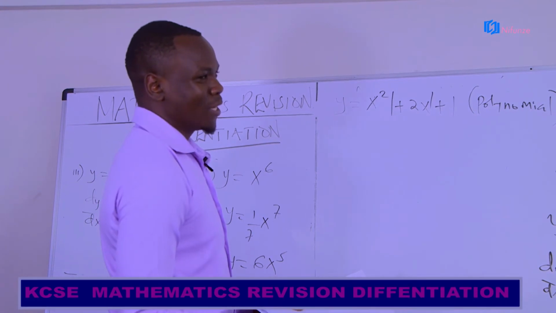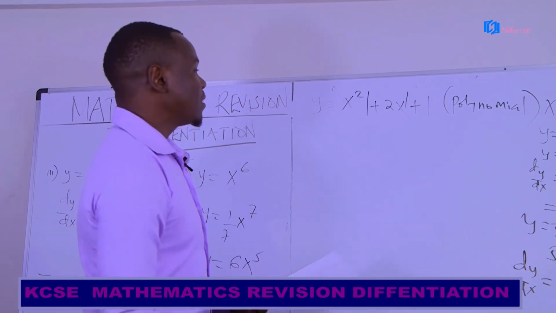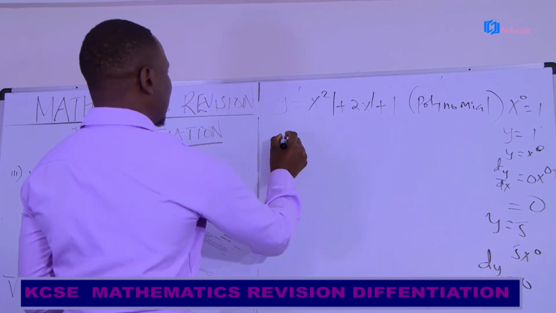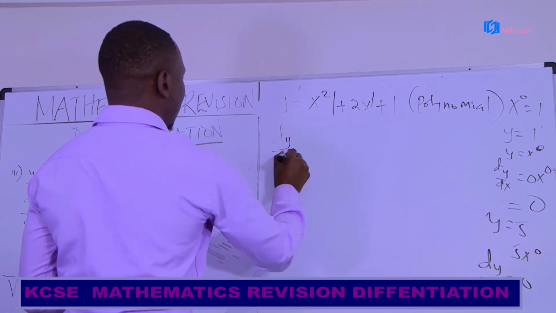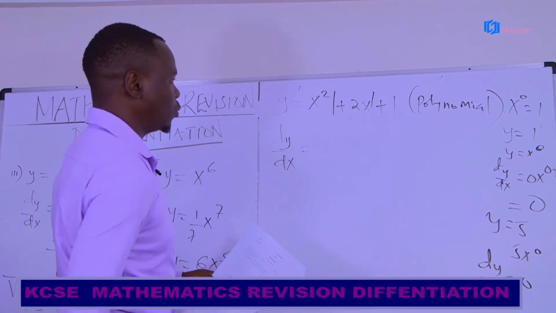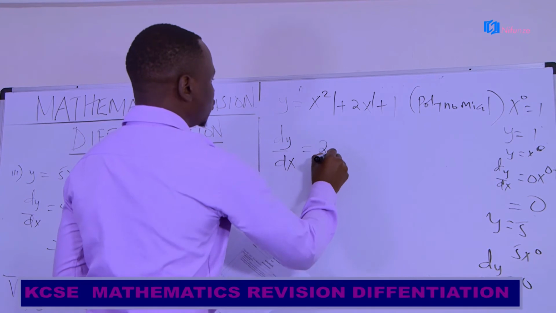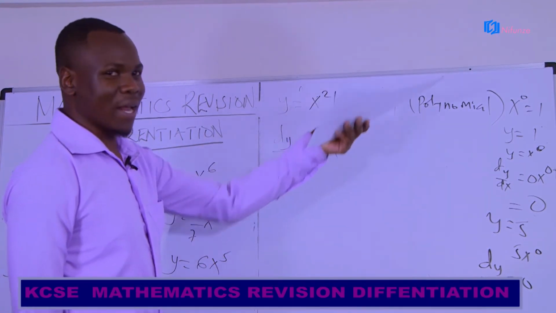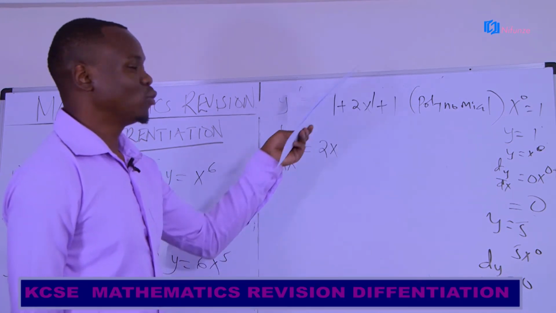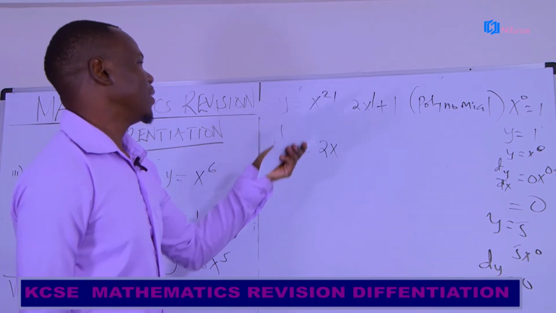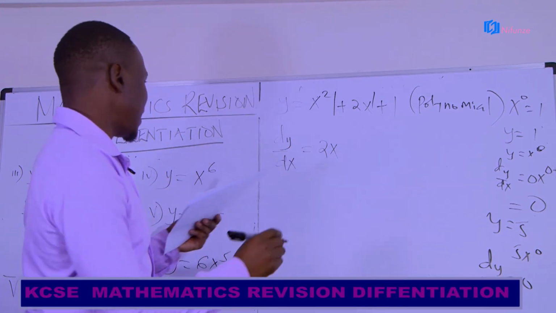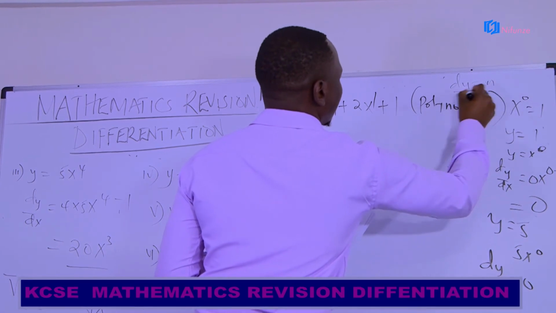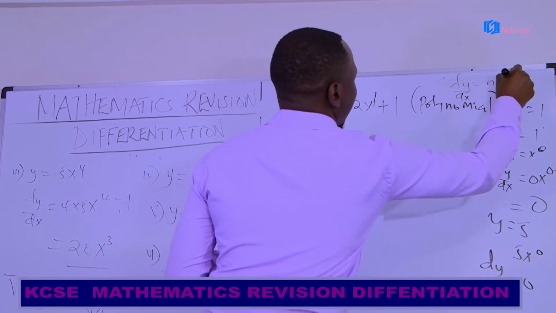And at this point, we should be grasping that concept very fast because we have done it before. We'll say dy over dx will be equal to, here we'll have 2x, very quickly, because 2 minus 1 is 1, and then this 2 will come here. So nx to the n minus 1. Remember, that's the formula, dy over dx is nx^(n-1).